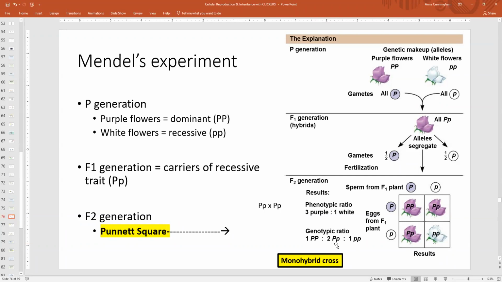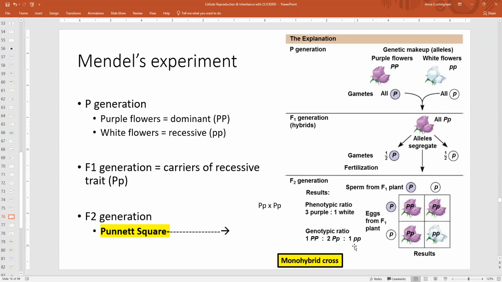With our heterozygote, we have the dominant allele and the recessive allele present. If the dominant allele is present, the dominant allele will be expressed. So we have 2 possibilities where they're hets, and both of those would result in purple flowers. So the 1 homozygous dominant plus the 2 heterozygote individuals would all result in purple flowers. So far we have 3 out of 4 possibilities for purple flowers.